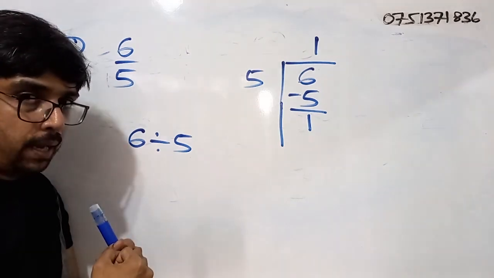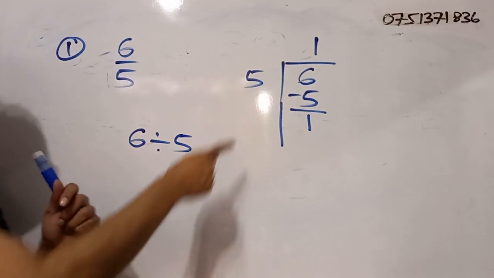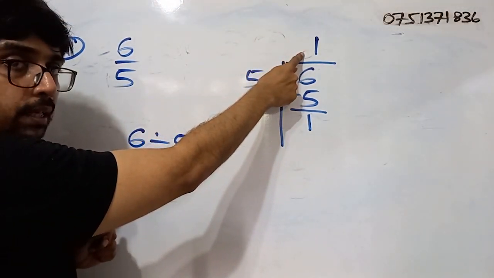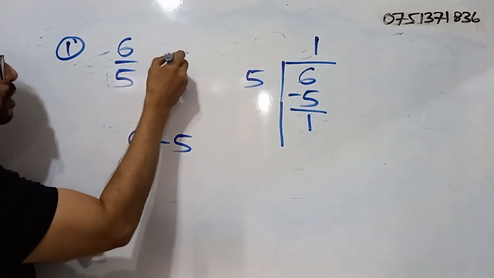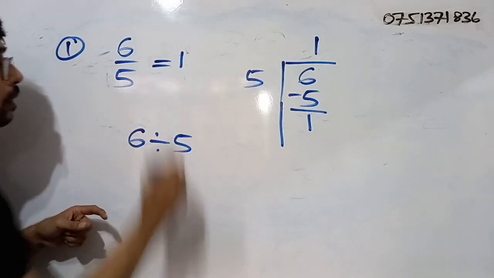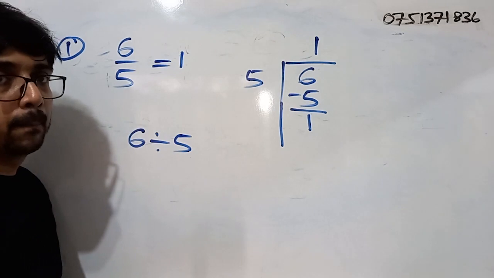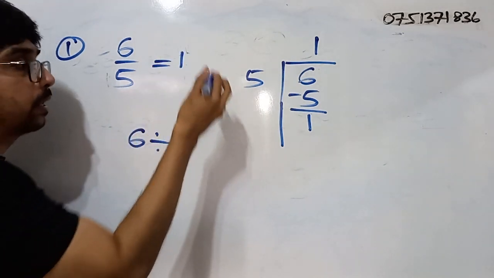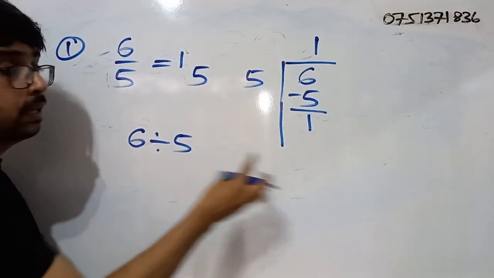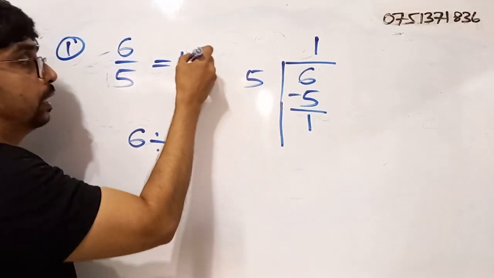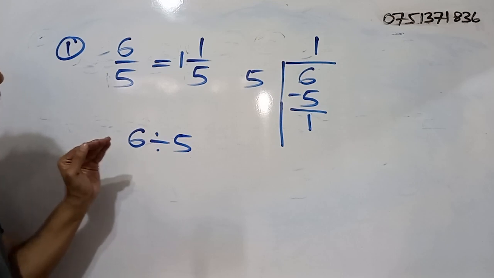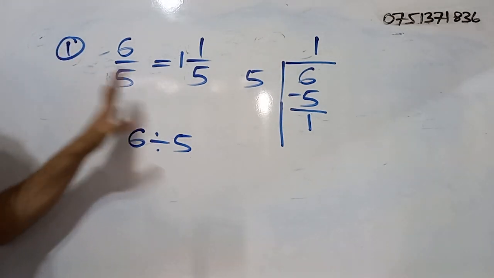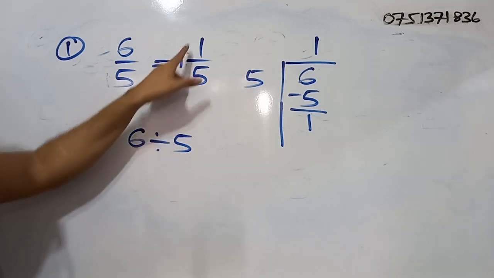A whole number part and a fraction part. This is what? This is the quotient. Okay? So, quotient will always be what? The whole number part. And the denominator of the fraction part is what? 5. The remainder will be what? The numerator. That means when we convert 6 by 5 into a mixed number, what do we get? 1 and 1 by 5.